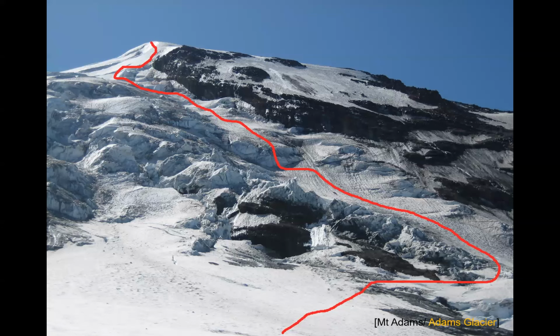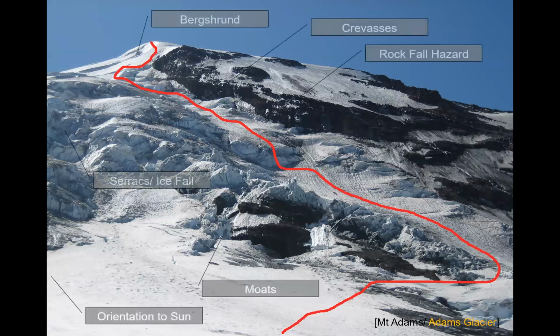Anyone else? All right, I'll go again, crevasse fall. Crevasse fall, yes. So here's just some of the objective hazards. We have the orientation to the sun, as I said.